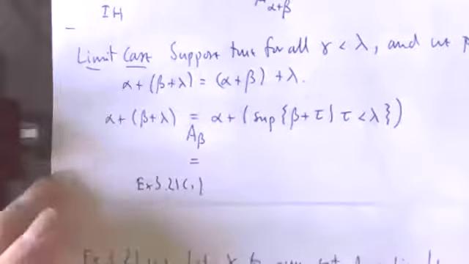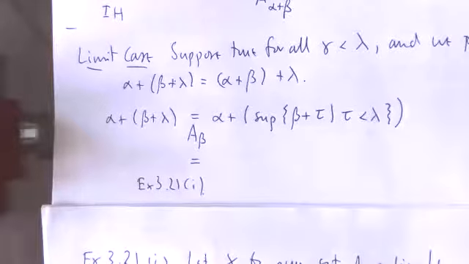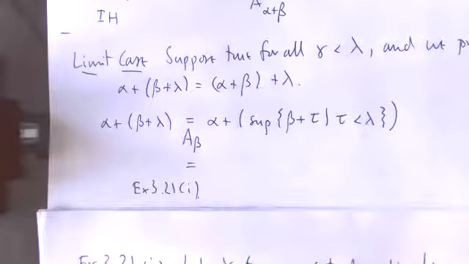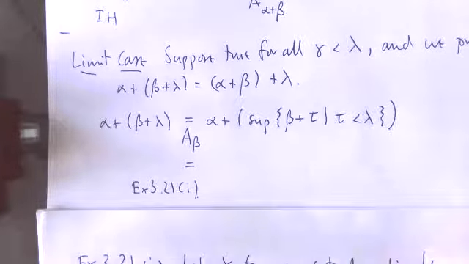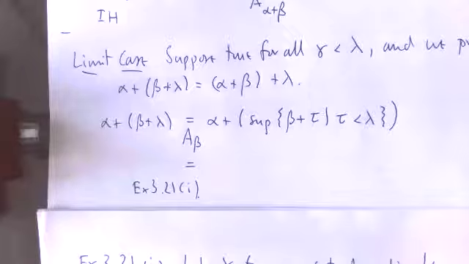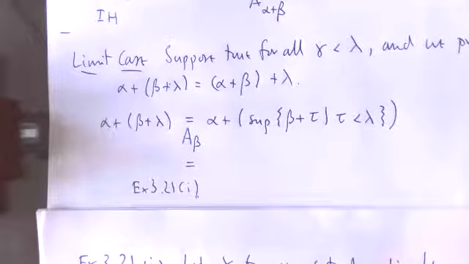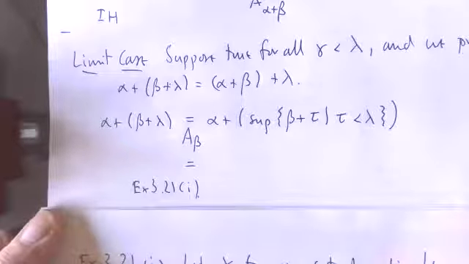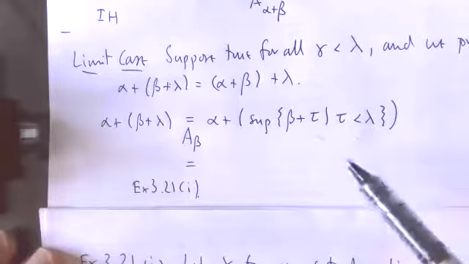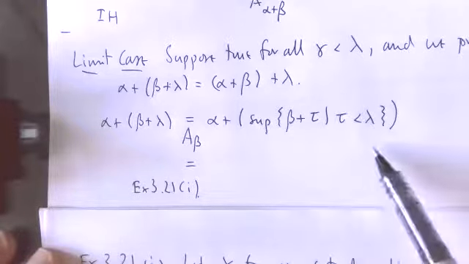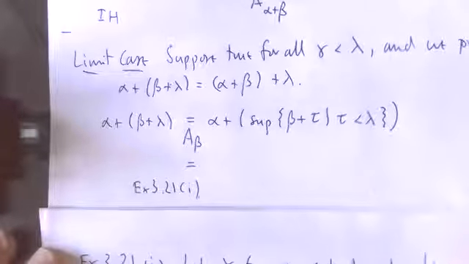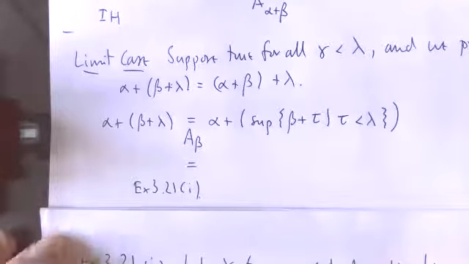Okay. So I'm cutting away from this proof to exercise 3.21 here. I probably should have started with this. So the idea of the exercise is alpha plus the supremum of this set of ordinals is just the supremum of alpha plus the tors that are there in X. So how am I going to apply that here? Here I've got alpha plus the supremum of a set of ordinals. And the exercise says I can put the alpha inside the sup and the brackets.